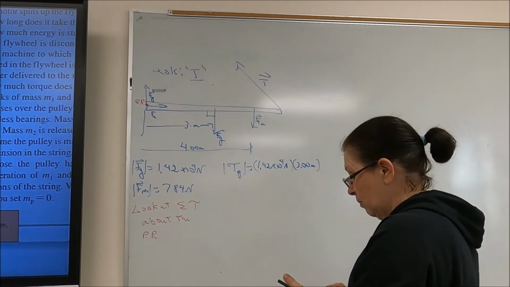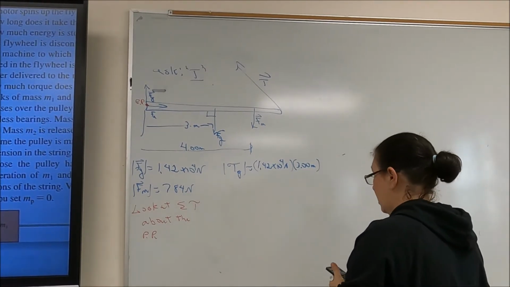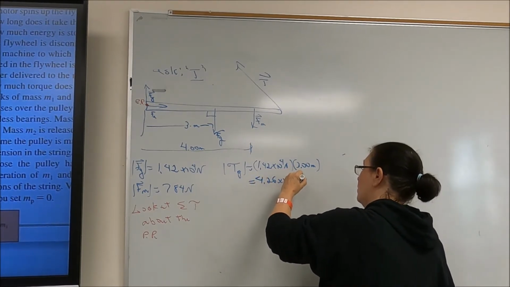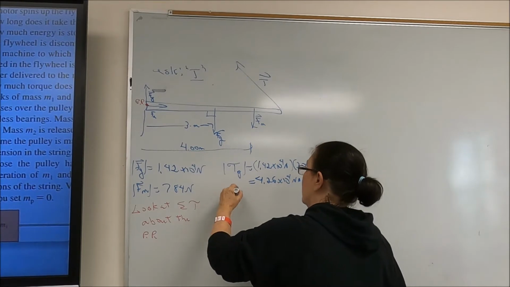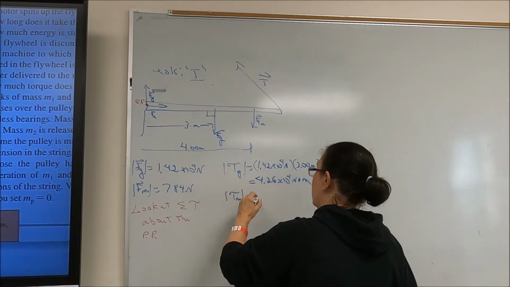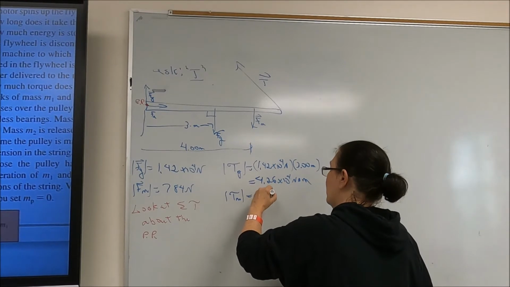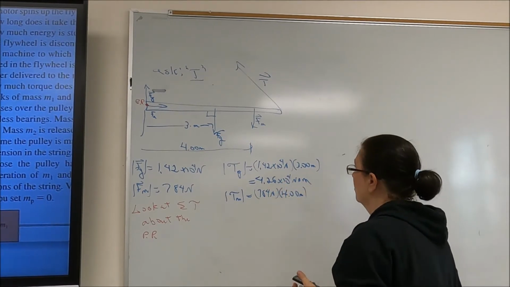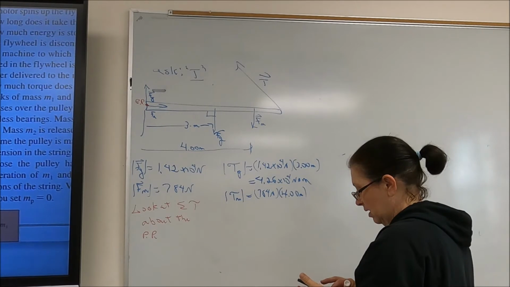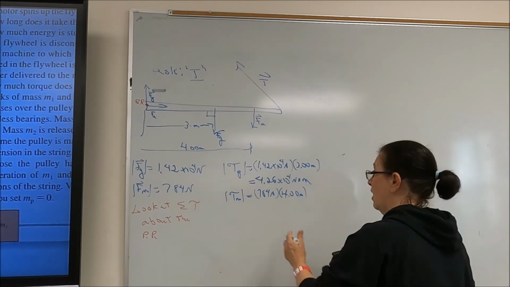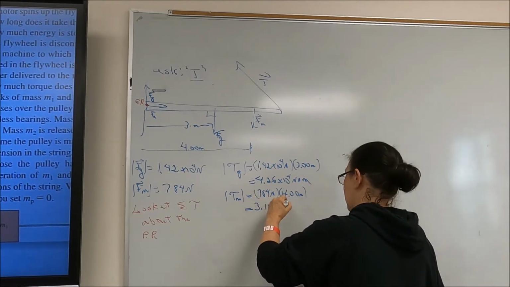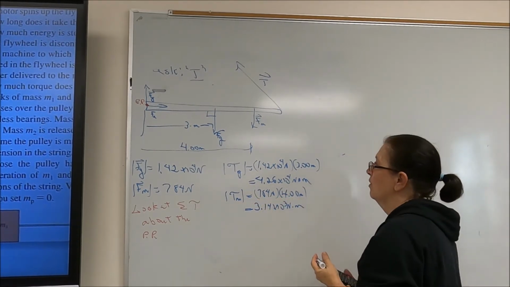So 3 times 1.42, I get 4.26 times 10 to the 4 Newton meters. The torque from the man is going to be 784 newtons times 4 meters. So that's 3.14 times 10 to the 3 Newton meters.